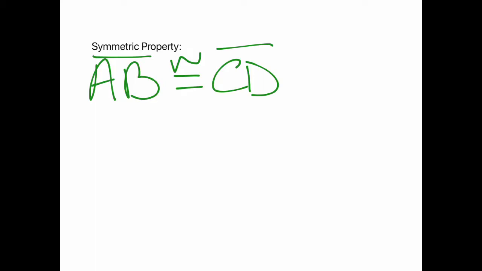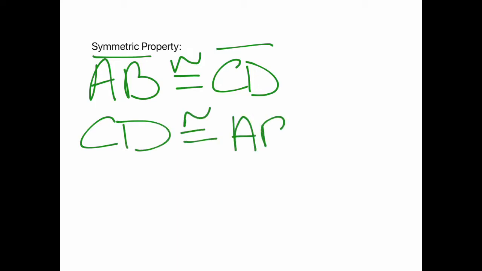Our second one is the symmetric property. And the symmetric property of congruence is actually going to flip these around. So if we have segment AB is congruent to segment CD, our symmetric property is going to switch these places. So it's going to end up with CD is congruent to AB.